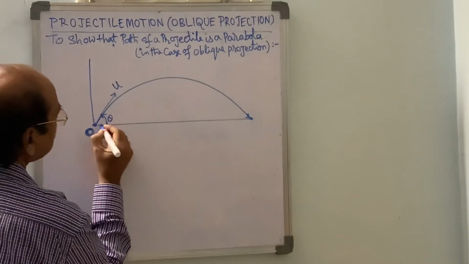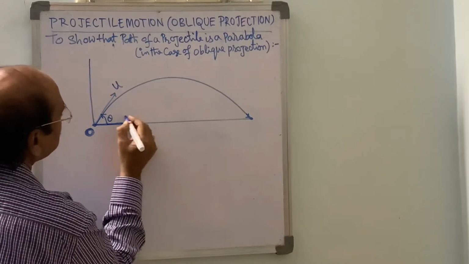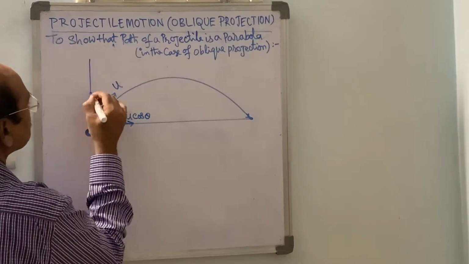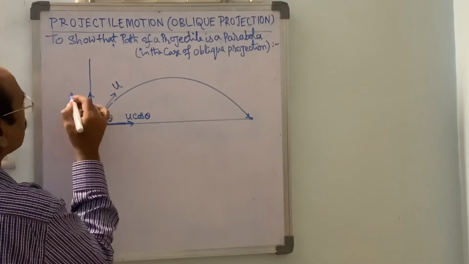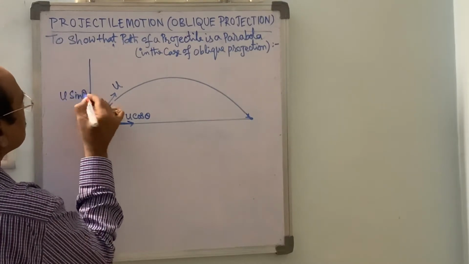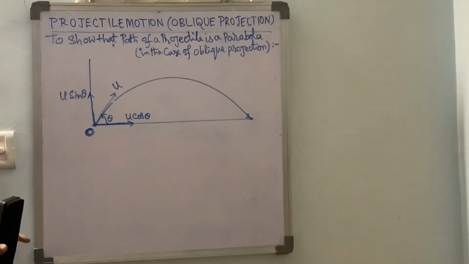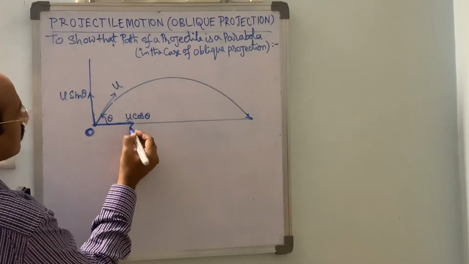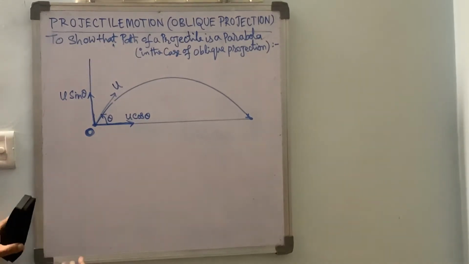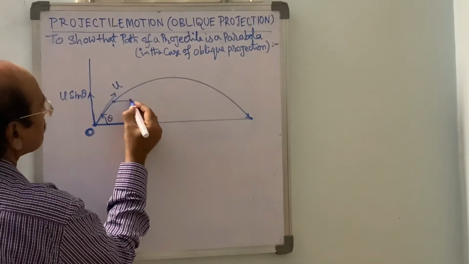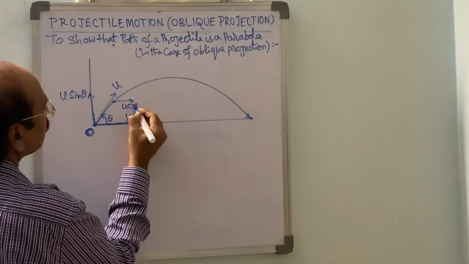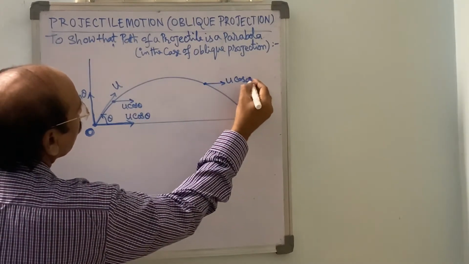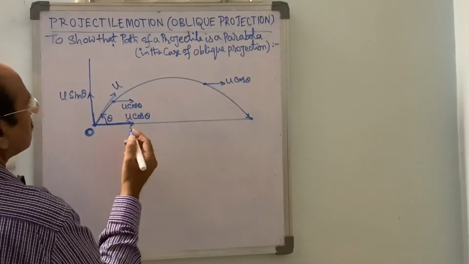One is along the x direction, u cos theta, and one is along the y direction, u sin theta. So this horizontal component u cos theta remains the same throughout its journey, until it reaches the earth.